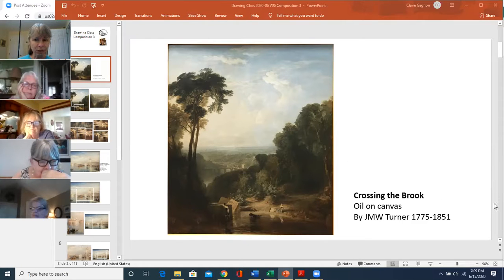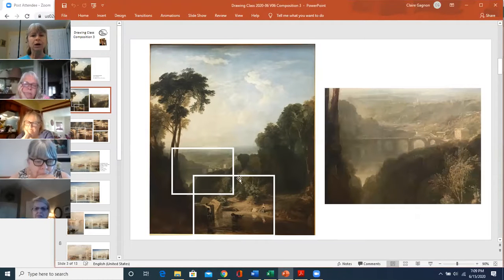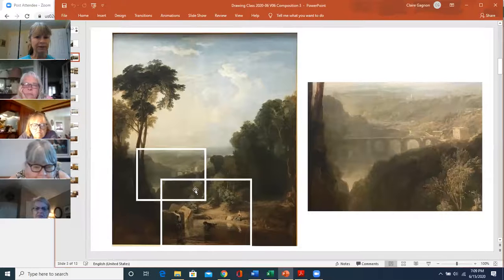But I also wanted to show you some certain details. So on this page, on the left, you can see the paintings, and here I put two squares because I'm going to show you these sections bigger.